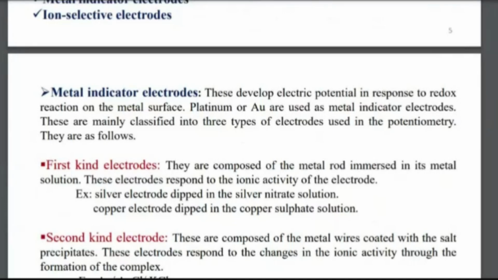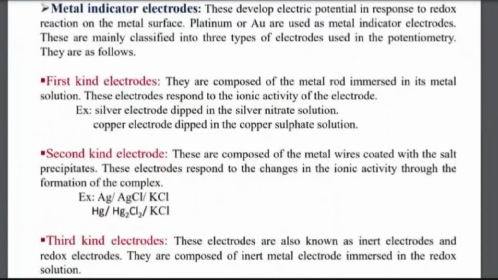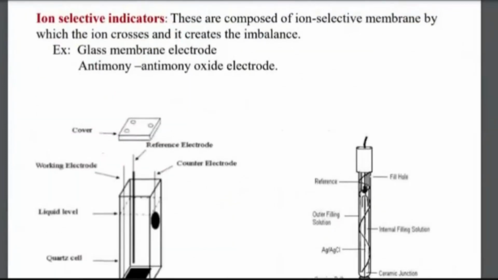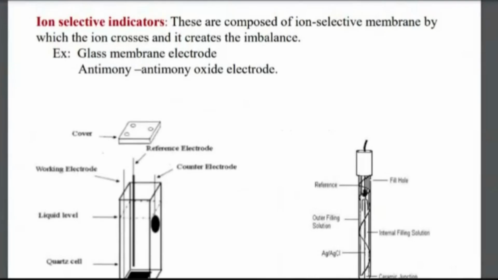These are mainly classified into three types. Let's now go into further classification of that. Okay, we are interested in these ion selective indicators. Now, when we say ion selective indicators, does that word strike something in your mind? It is an electrode, so it is related to potential.